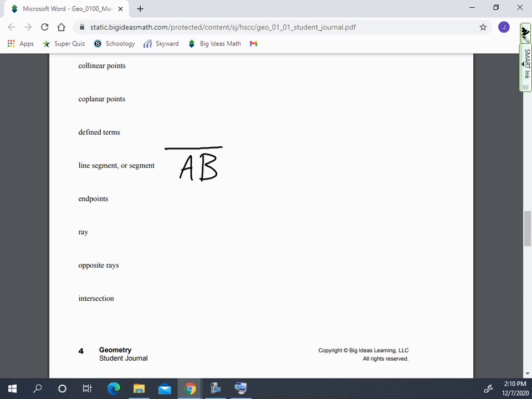Its endpoints would be endpoint A and endpoint B.